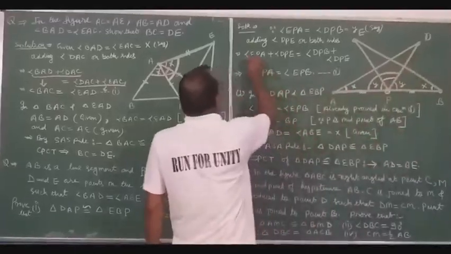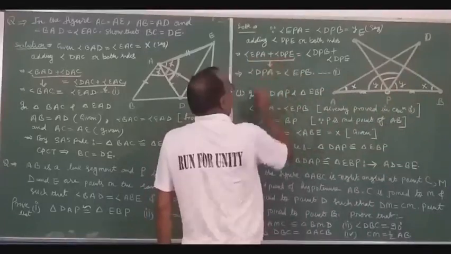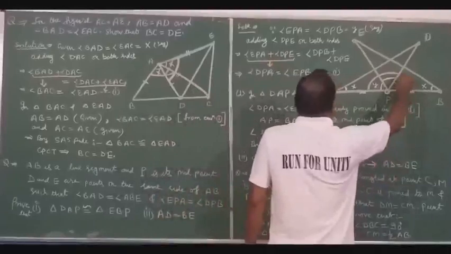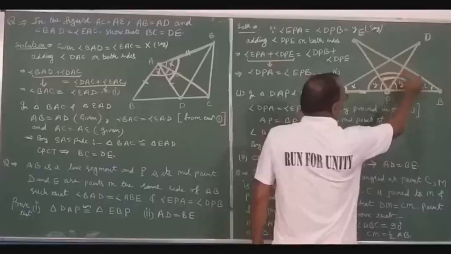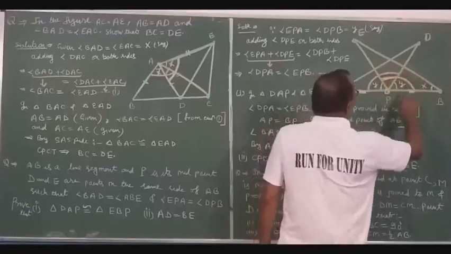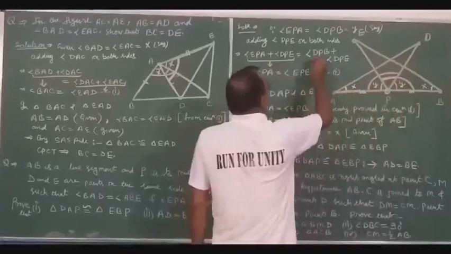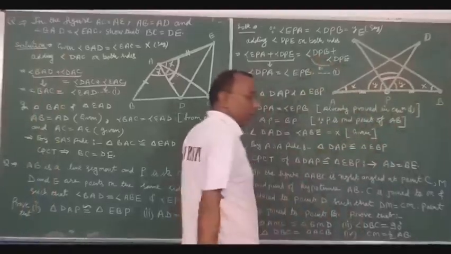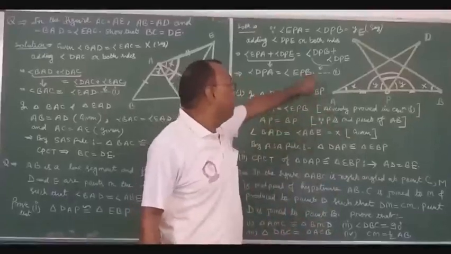And DPB plus DPE, what is this angle? BPE or EPB. The sum of these two angles is EPB. Is it okay?